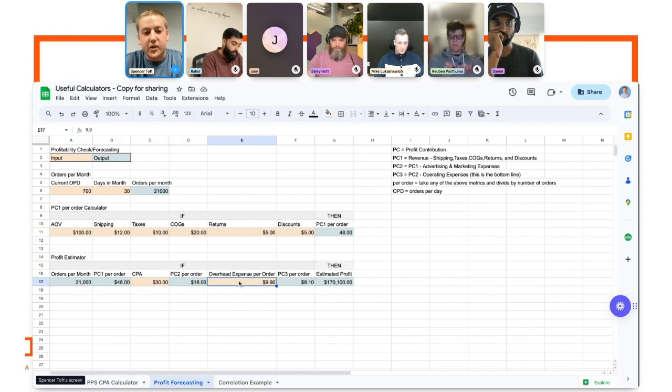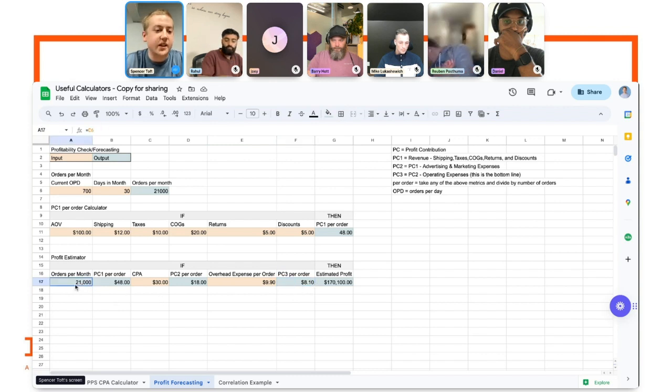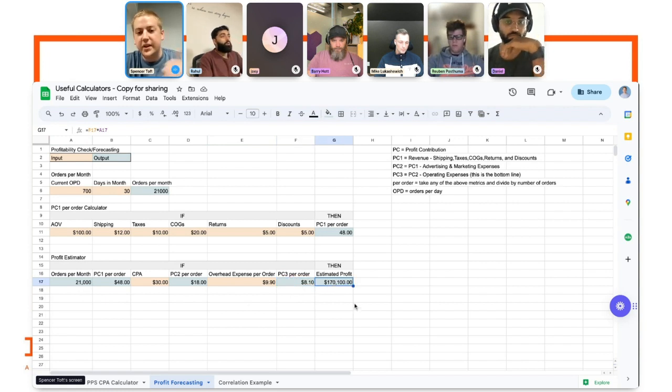And then you have your overhead expense broken down to per order, and we'll get into this a little more. And then your bottom line, your PC3 per order. And since you're projecting that you're going to have 21,000 orders this month at this PC3 per order, that's your estimated profit.